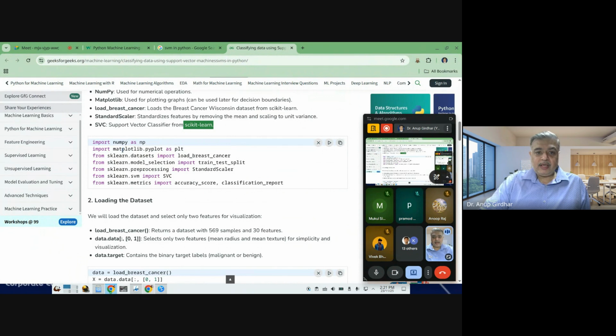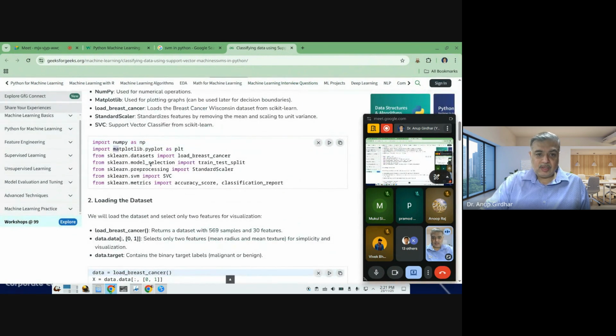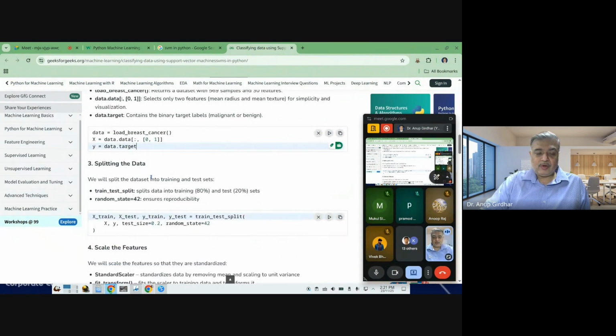Import all these libraries and load your dataset. Once loaded, define your data into X and y: the independent variables and then the dependent variable.